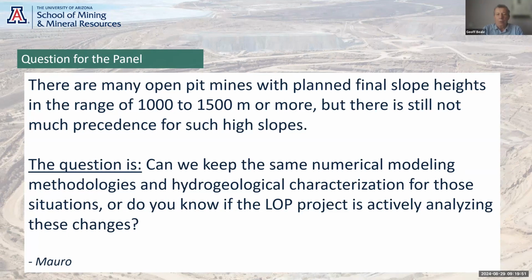So that the lower part of your slopes are well depressurized. So you have that comfort and that mine planning flexibility that you can work within. And I think that is the difference.